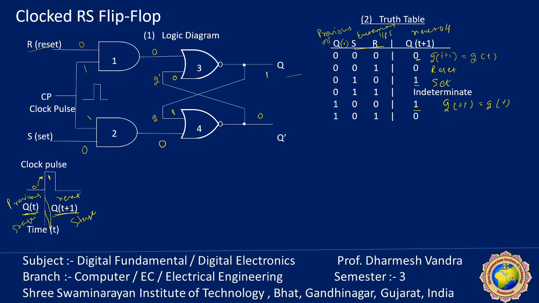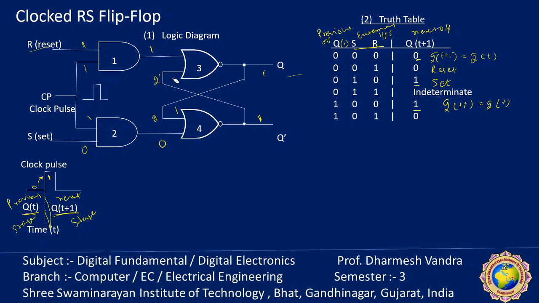Now 1 0 1. Okay, reset is changed to 1 and all the remaining gates have the same condition. Q is equal to 1, Q dash is 0. Now it depends on 1 1, the gate number 1 output is 1. 1 0, the gate output is 0. If any one input is 0, the output is changed to 1.